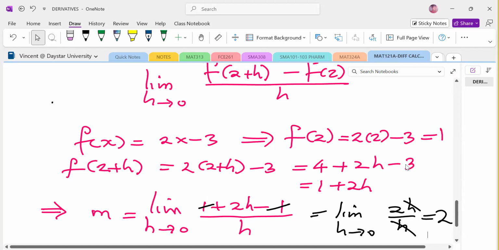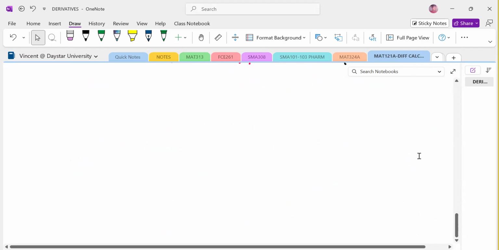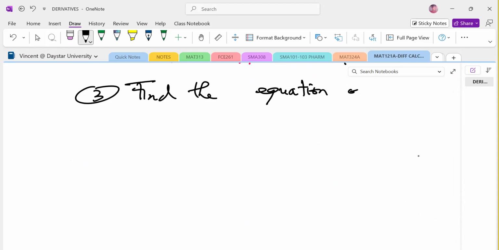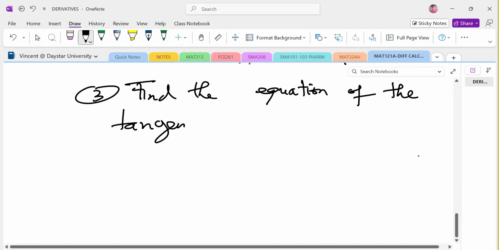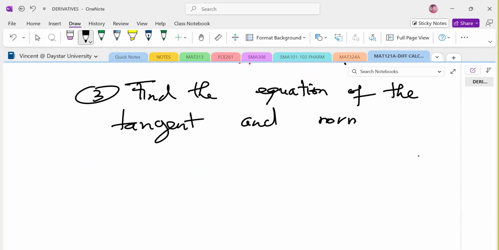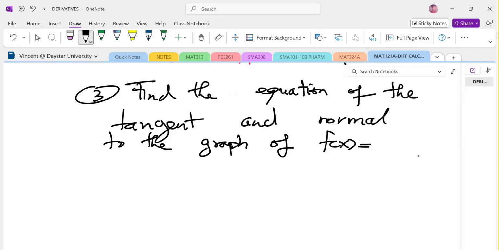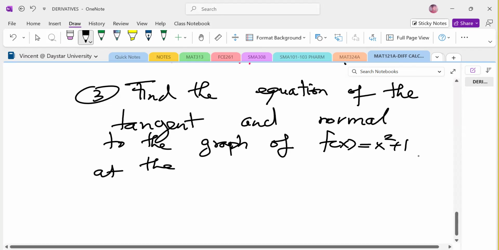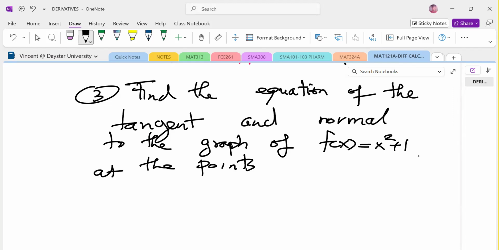So find the equation of the tangent and normal to the graph of f of x equals x squared plus 1 at the points (0, 1) and (-1, 2).